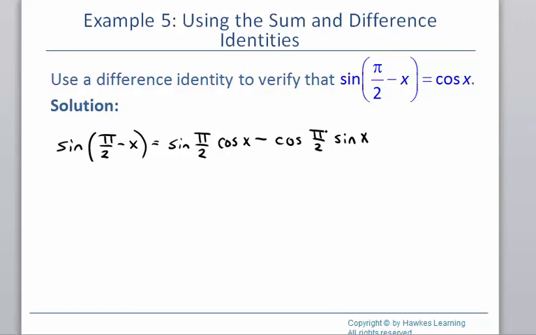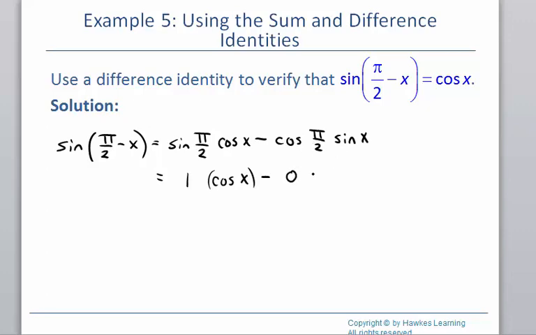We know that the sine value at pi over 2 is equal to 1. I do not have any way of simplifying cosine x, so I'm just going to bring that down. Cosine at pi over 2 we know is equal to 0.